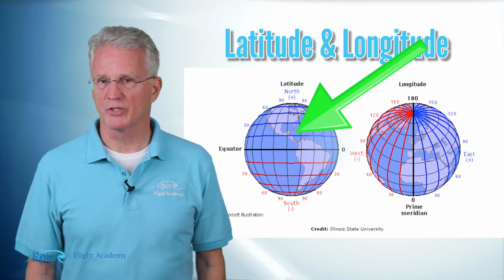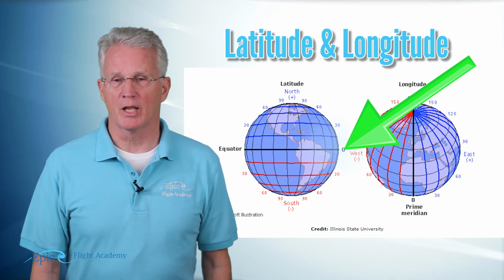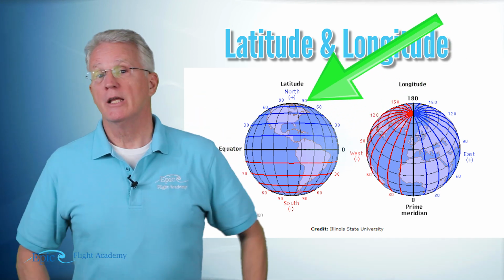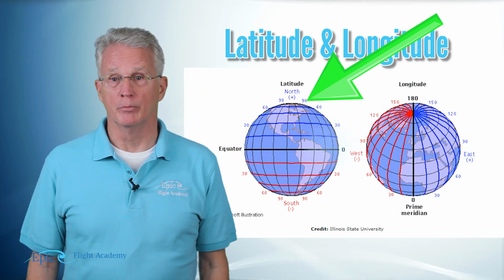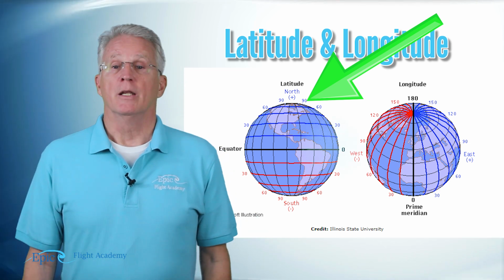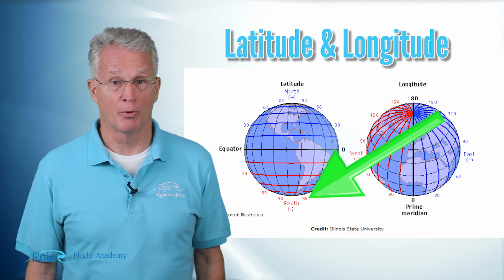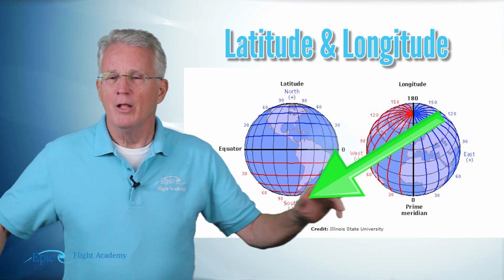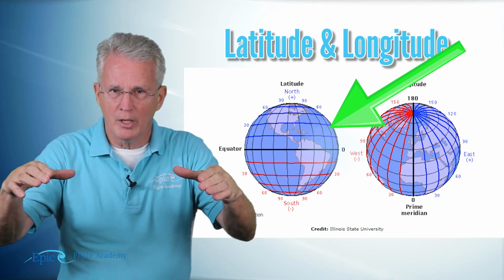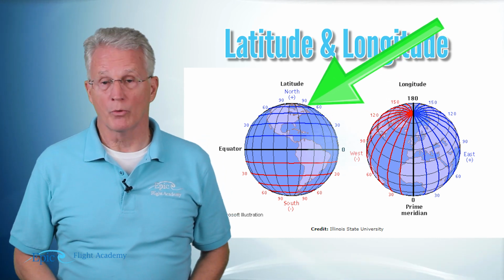These lines run horizontally, or laterally, east and west. 0 degrees latitude is at the equator, and 90 degrees latitude is at the geographic north or south pole, not the magnetic pole. Now notice how the circumference of the lines of latitude gets smaller and smaller as we get closer and closer to the north or south pole.